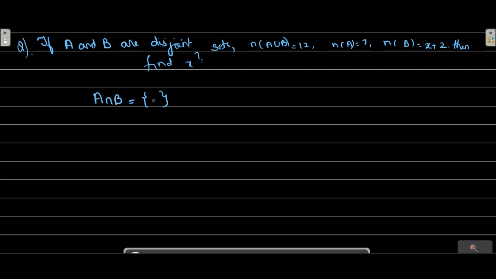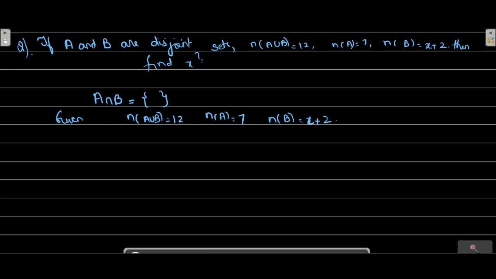And in the question it is given that N of A union B is 12, N of A is 7 and N of B is x plus 2.